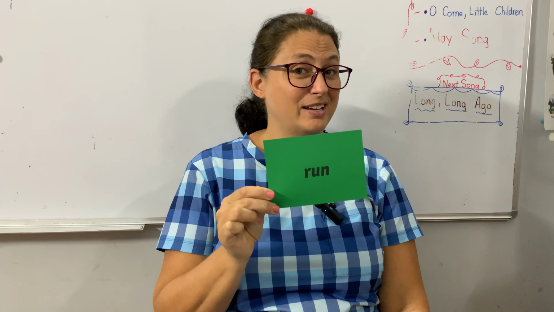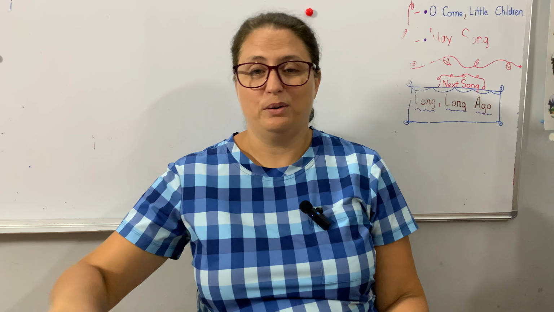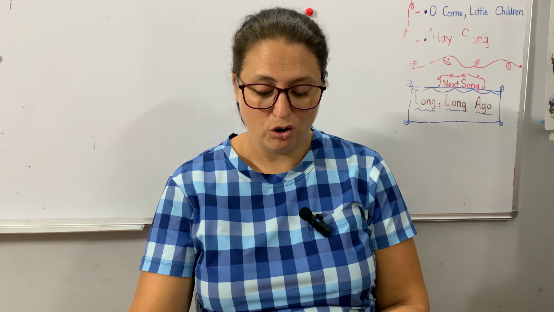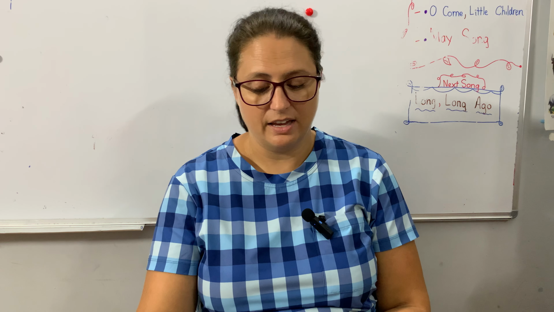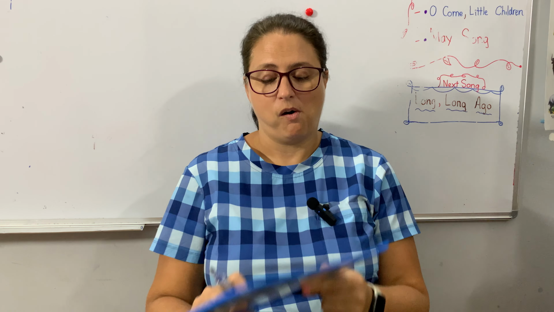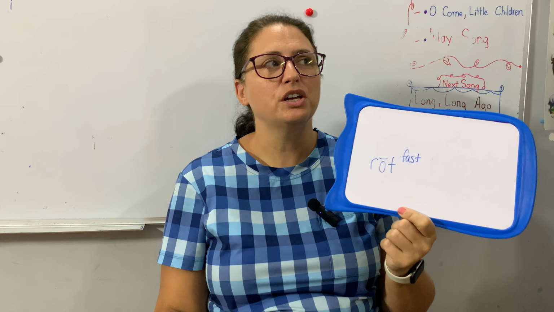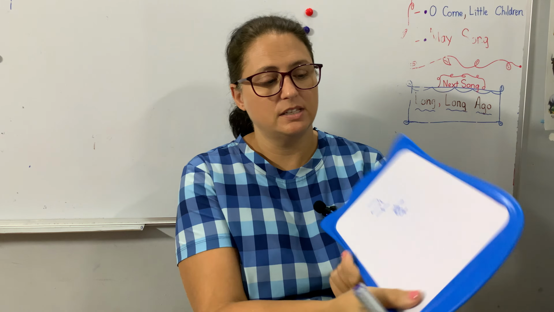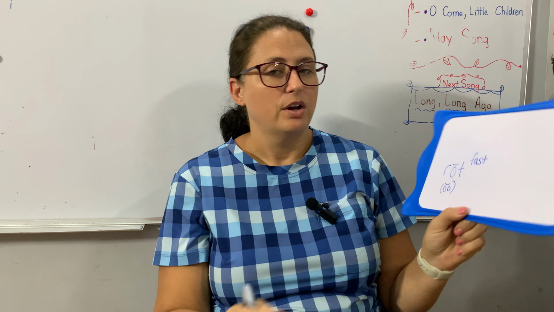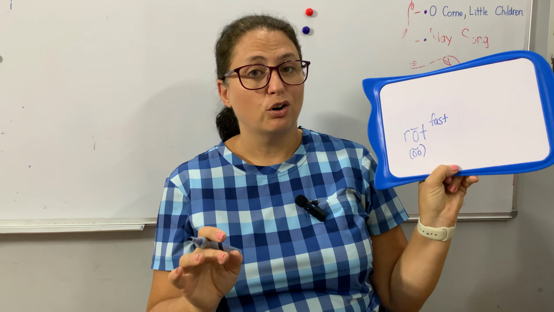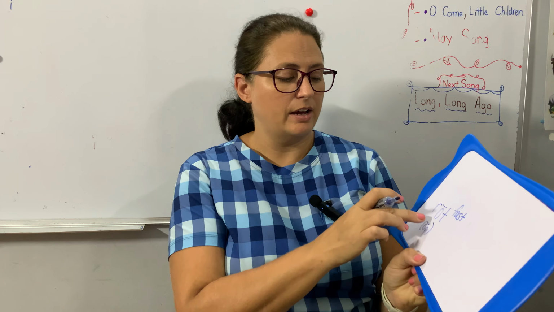Next word I have in my list is run. And this one is sort of easy because it starts with the R. So one that's similar, rot, rot. And once again, this is a fast one. Okay. If you want to put in parentheses or underneath it, it sounds more like rot, like not ooh.